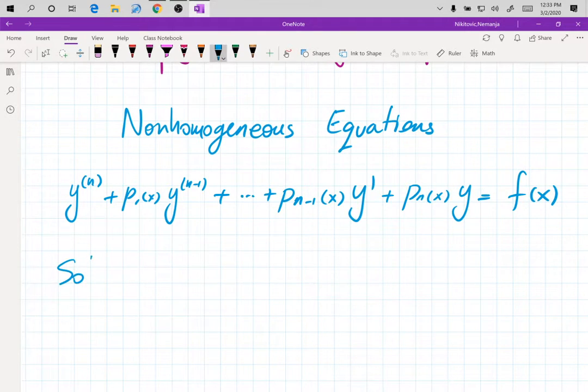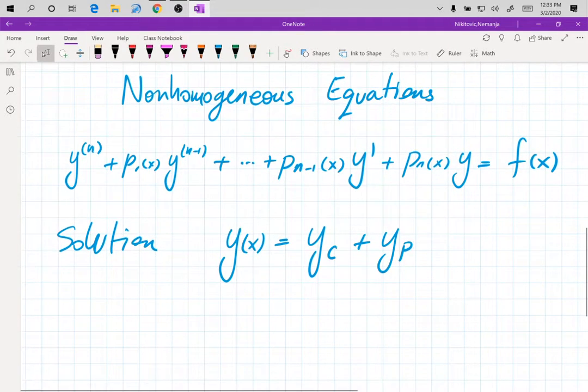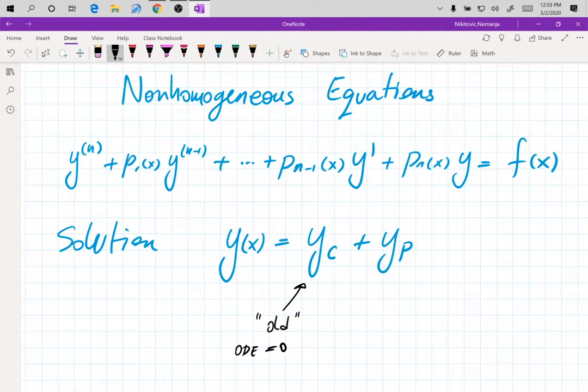So what does the solution look like? Solution to these things will look like y of x in this case, I guess, because we had x's everywhere up there. Is going to look like yc plus yp. Now I'm going to label this yc over here as old, meaning your ODE equals 0, which is where you use those r's and everything else that you learned.